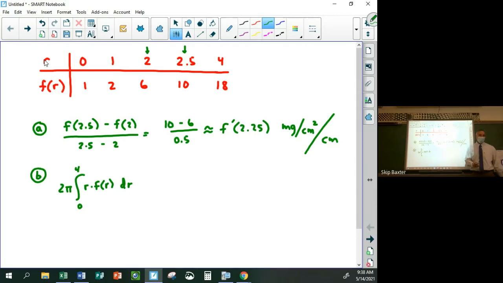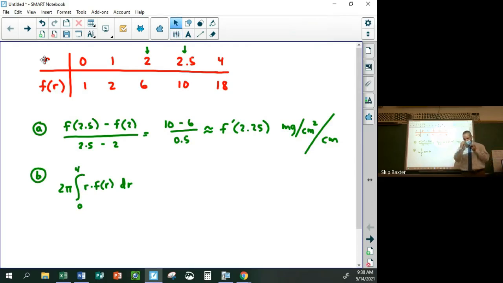This question was really weird. I've never really seen a question like this on an AP test, because it's not a topic that's supposed to be tested on the AP test. It used to be. It's a topic called the method of cylindrical shells.